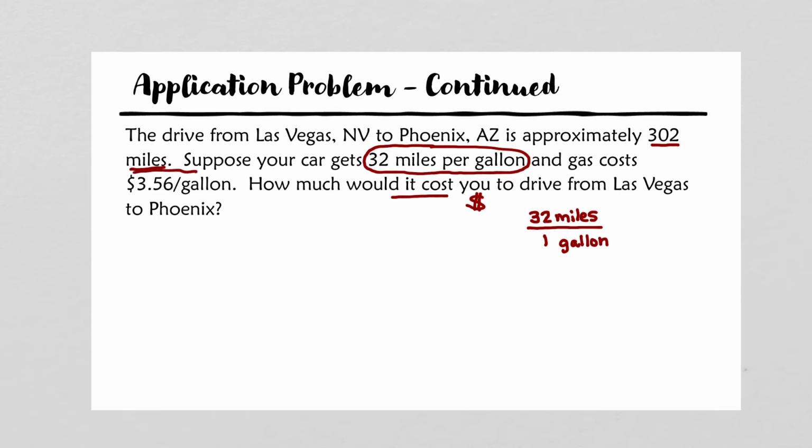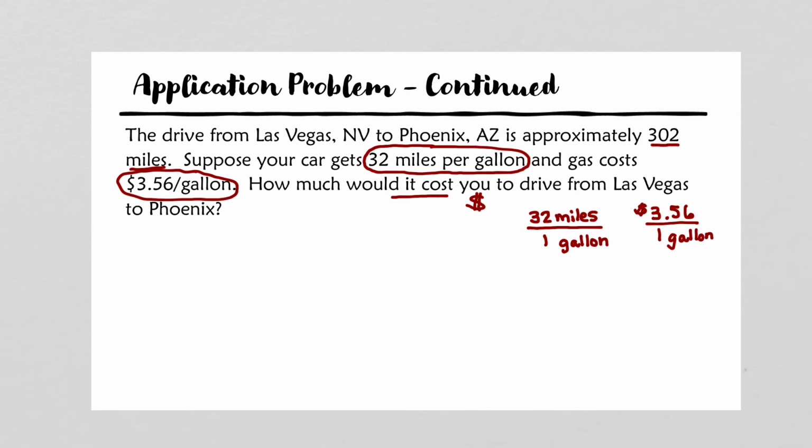There's another rate that I have in the problem that's important, and that is $3.56 per gallon. I'm going to write that down as well. $3.56 also corresponds to 1 gallon. I think these two unit rates are going to become critical as I'm doing my dimensional analysis.